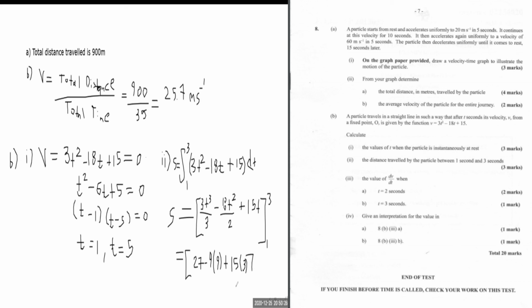Then of course we're subtracting when we plug in 1. 1 cubed is 1, minus 9 times 1, so minus 9, then 1 times 15 is 15, so plus 15.